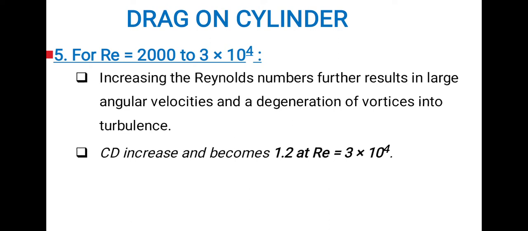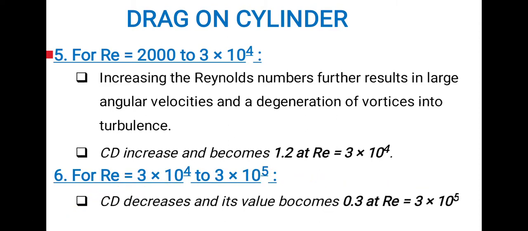For Re between 2000 and 3 into 10 to the power of 4, as the Reynolds number increases further, it results in large angular velocities and a degeneration of vortices into turbulence, meaning up to that stage it is laminar and then it turns into turbulence.